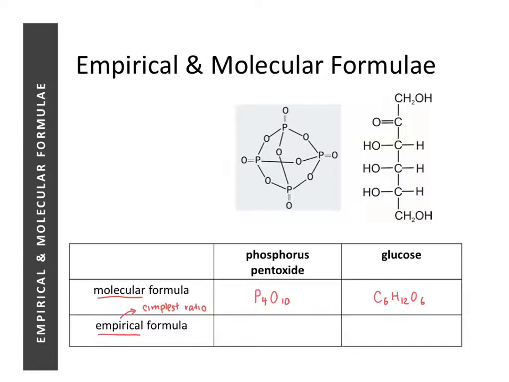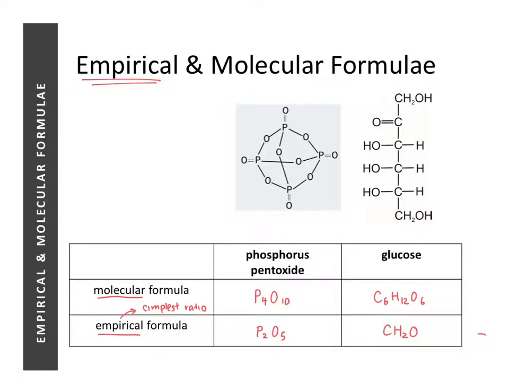So if we look at the molecular formula of phosphorus pentoxide, can we reduce it to a simpler ratio? Answer is yes, it can be P2O5. Similarly, if we look at the molecular formula of glucose, can we reduce it to the simplest ratio? Yes, it will be CH2O.